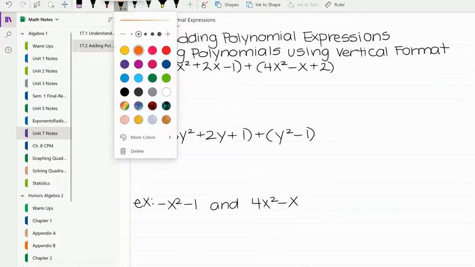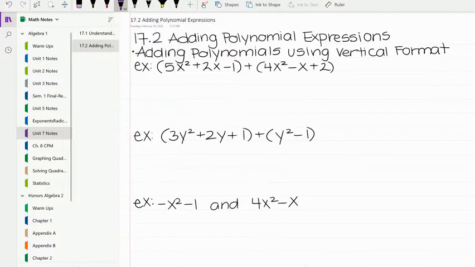For this first example, we want to essentially line them up like how you would in elementary school when you first learned how to add. So I have 5x squared plus 2x minus 1, and I'm going to add 4x squared minus x plus 2.